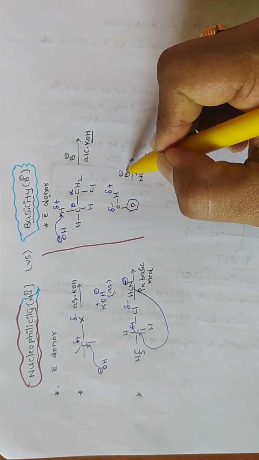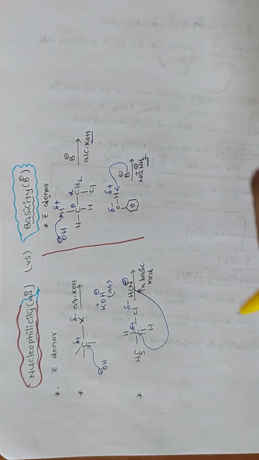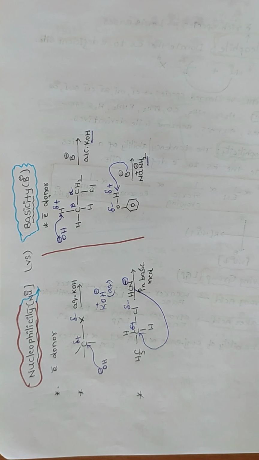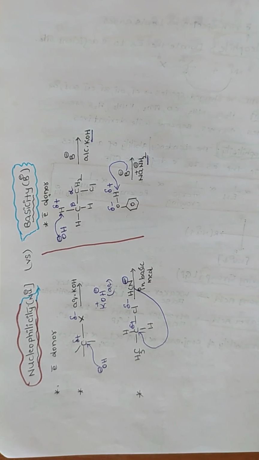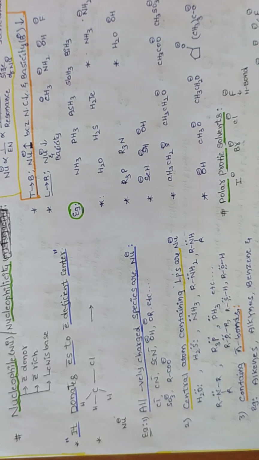This base is donating the electrons to H plus. And that is the difference between nucleophilicity and basicity. Donating electrons to H plus means basicity. Donating electrons to an electron deficient carbon center is called nucleophilicity.